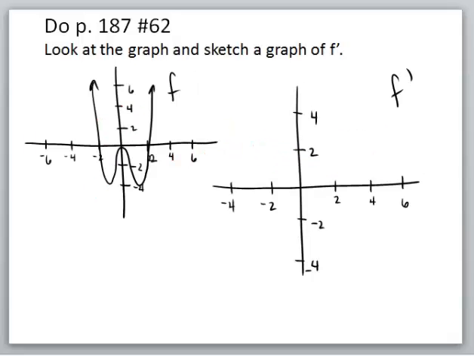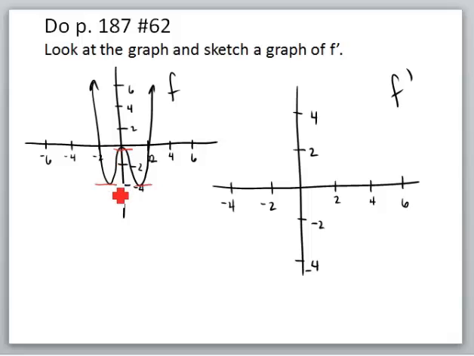The next example I have, a little bit more tricky. We need to look at the slopes of the tangent lines to the curve. What we're going to do first is, since it's not a constant slope, I'm going to look for places where the slope of the derivative is 0. So it looks like there's 3 spots. There's one here, there's one here, and there's one here.